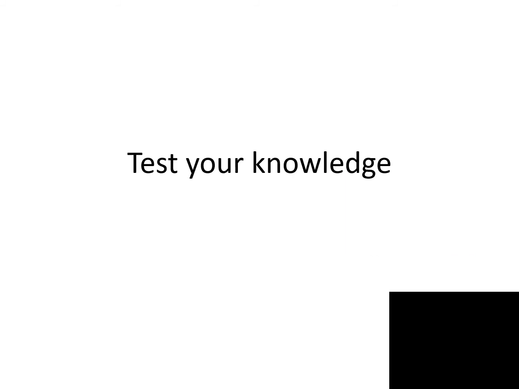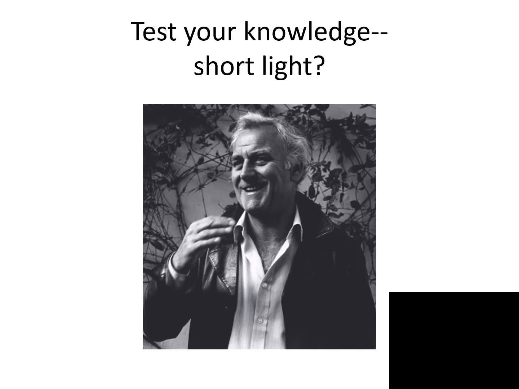All right, here's a little test for you. Is this short light? And how are you going to tell if it is short light? Okay, first off, I only see one ear right over here.